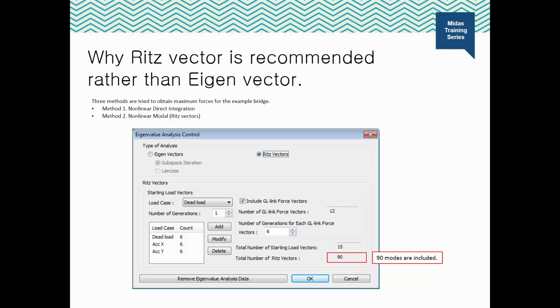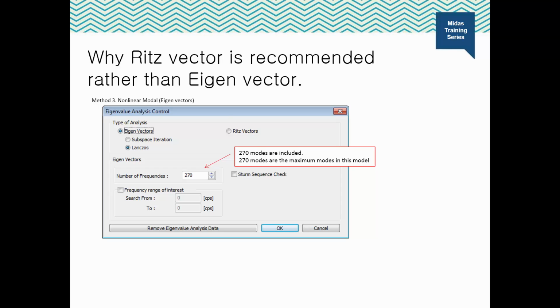With all the permutations, we have three methods of analysis. The first method is nonlinear direct integration. The second method is modal superposition using the Ritz vector method. We'll see the various input data required for this particular type of analysis. And the third method is modal superposition using the eigenvector method.